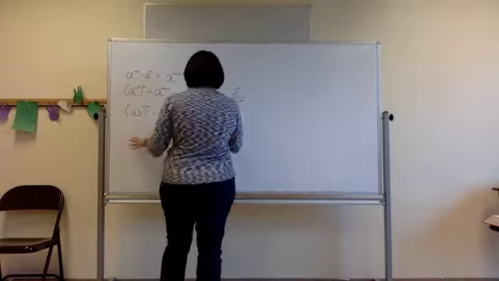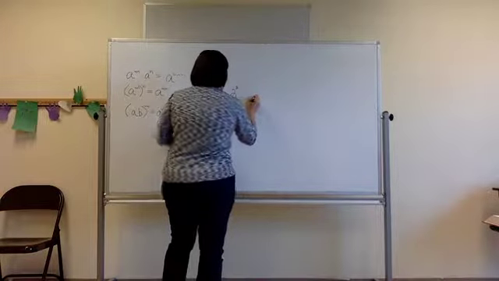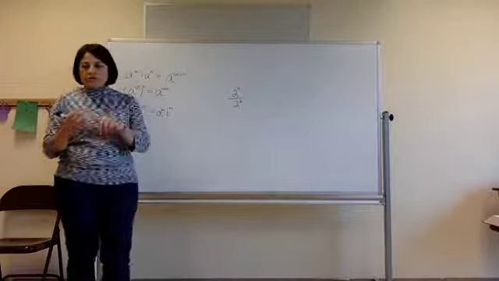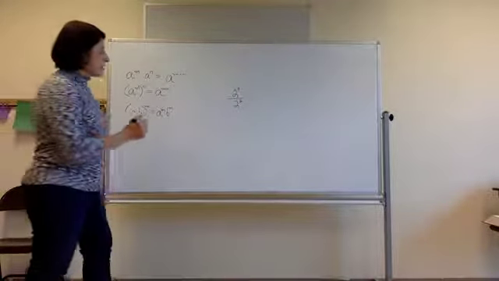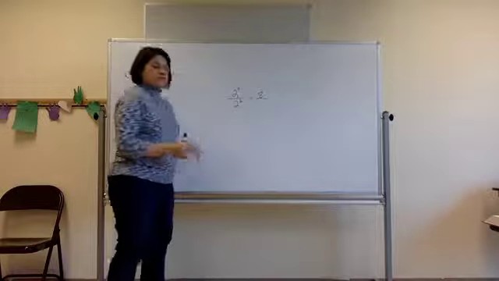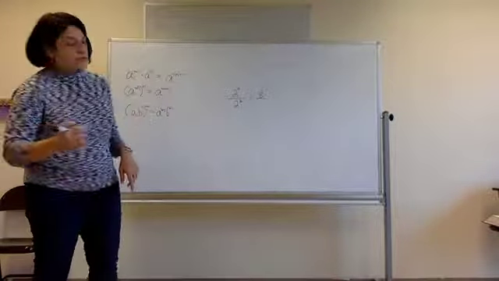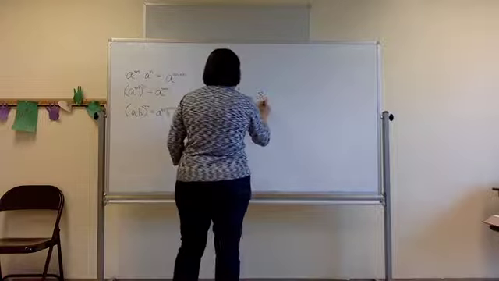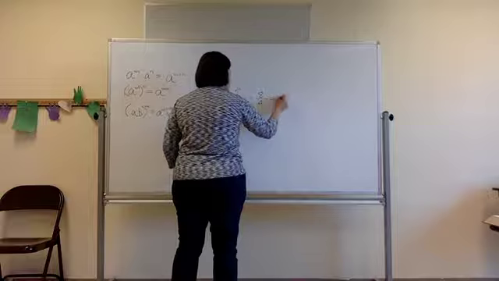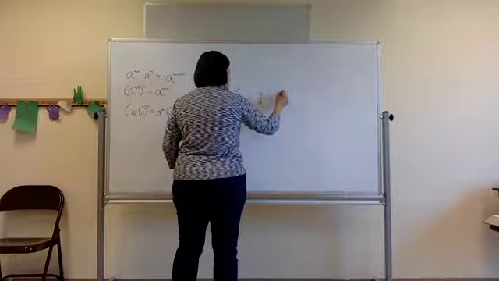Well, what does this really equal? 2 to the third is really 2 times 2 times 2, which is 8. And 2 squared is 2 times 2, which is 4. And 8 divided by 4 is 2. What power is this? 1.